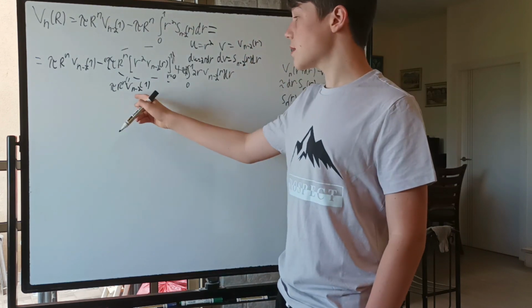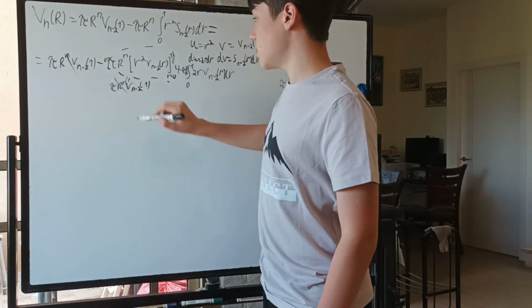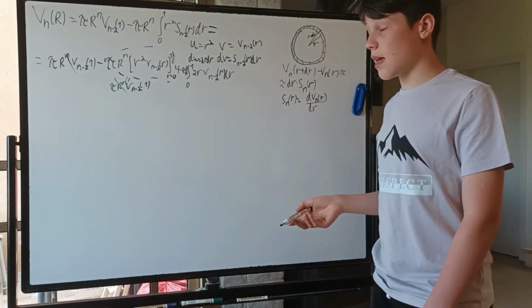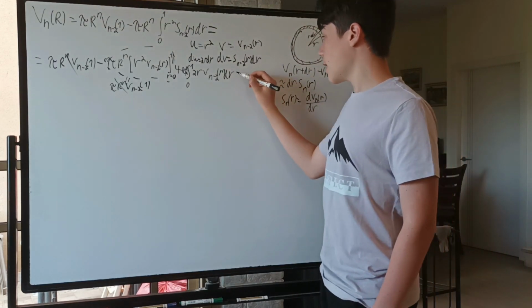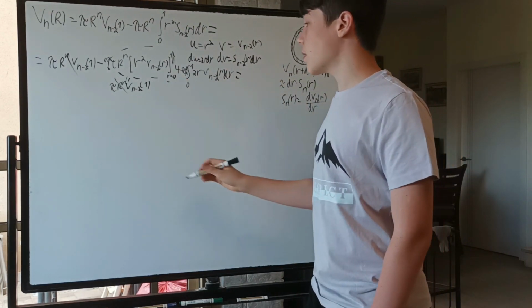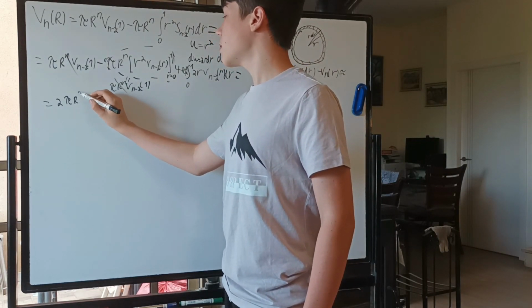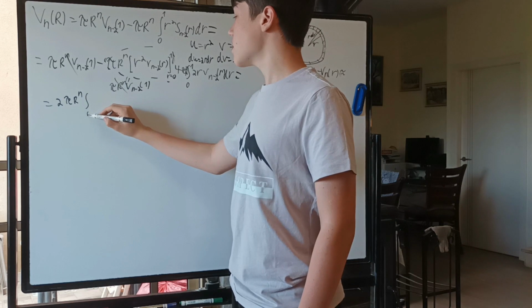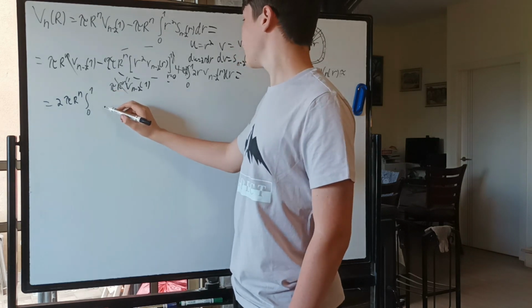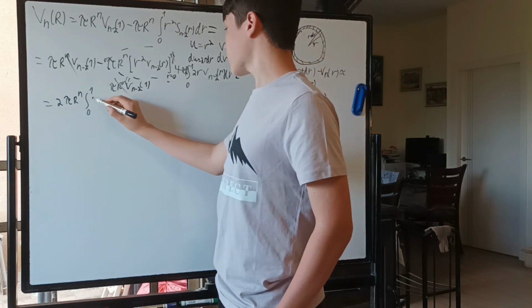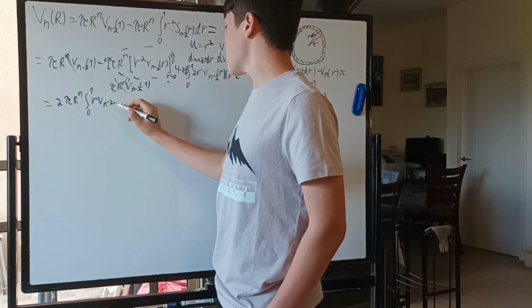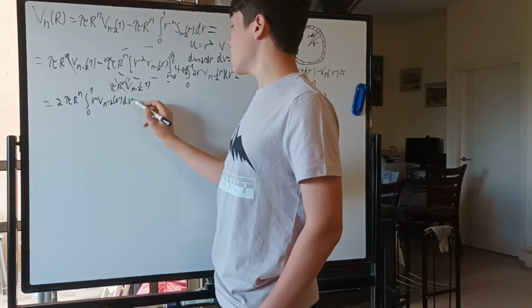But notice, this is the same as this. So this cancels out. And, well, let's take the 2 out of this integral. This is 2 pi r to the n times the integral from 0 to 1 of r V_{n-2}(r) dr.